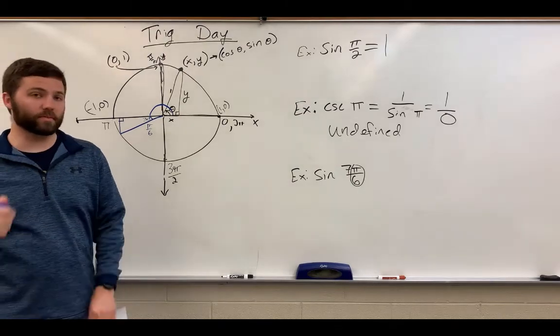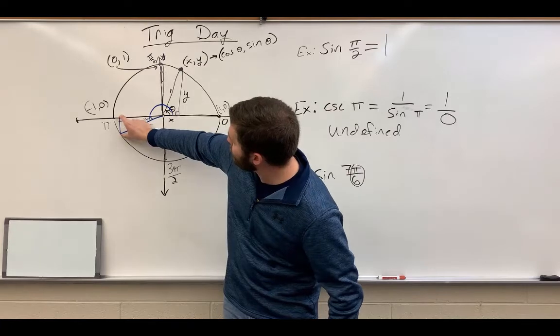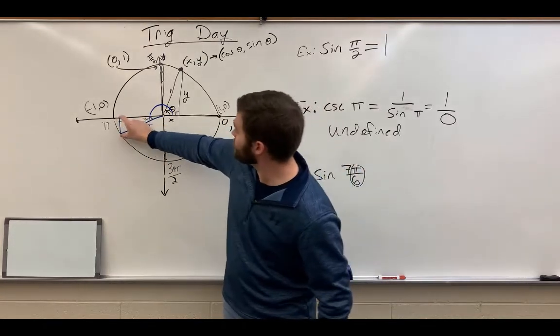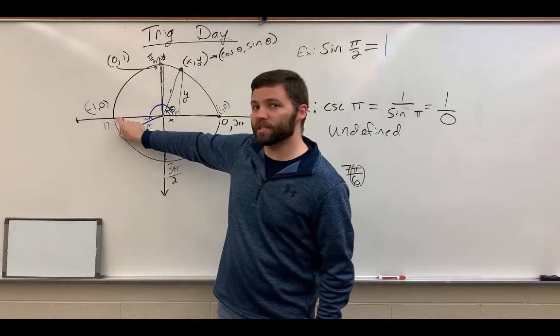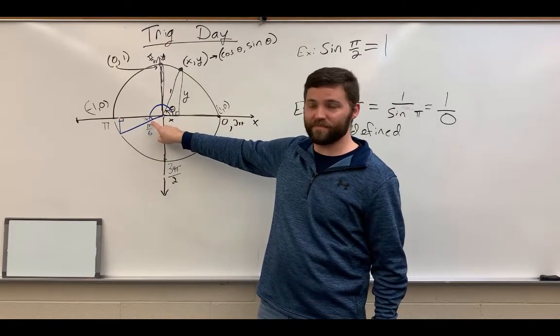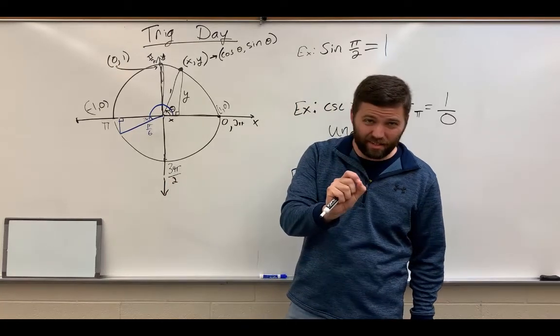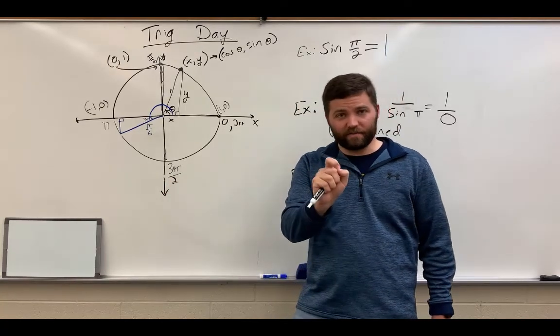What it also tells you is that the vertical height at 7 pi over 6, the sine value here, is going to be the same value as the sine of 30 degrees, with the exception, possibly, of a negative sign.